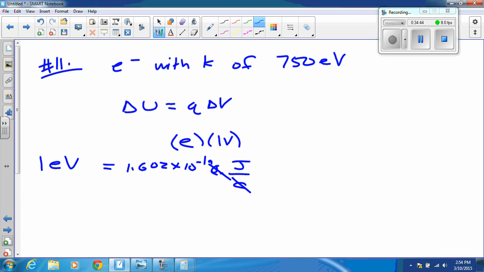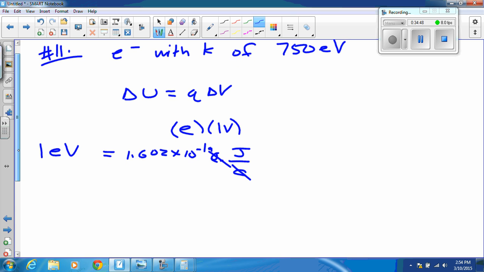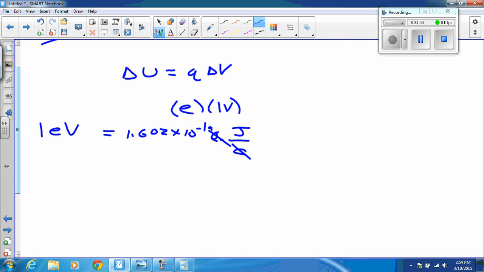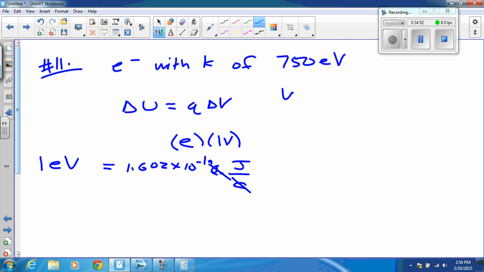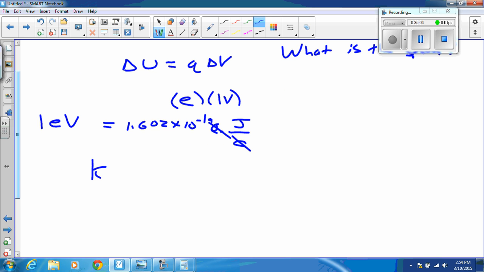So here my electron has a kinetic energy of 750 electron volts, and they want to know now what is its speed. What is the speed of the electron? Okay, well, we know how to do this, because kinetic energy is equal to what basic formula? 1/2 mv squared, exactly so.